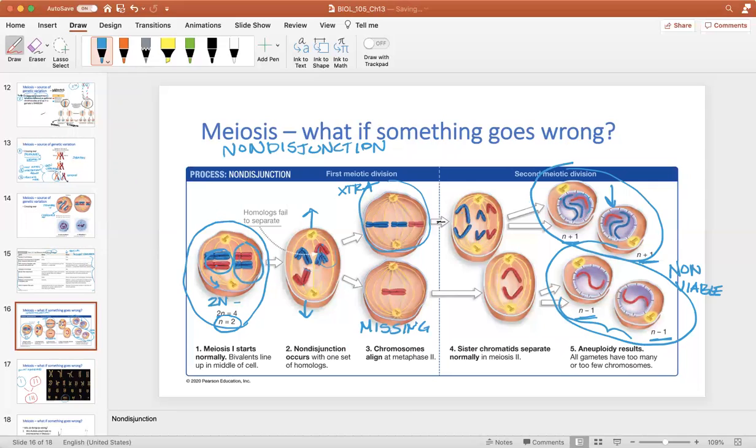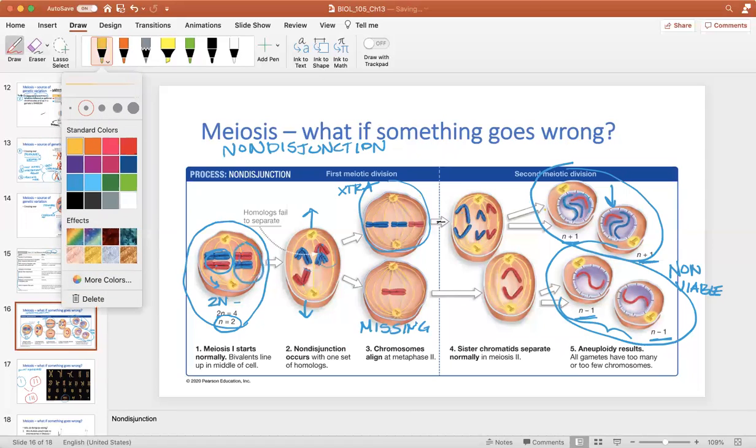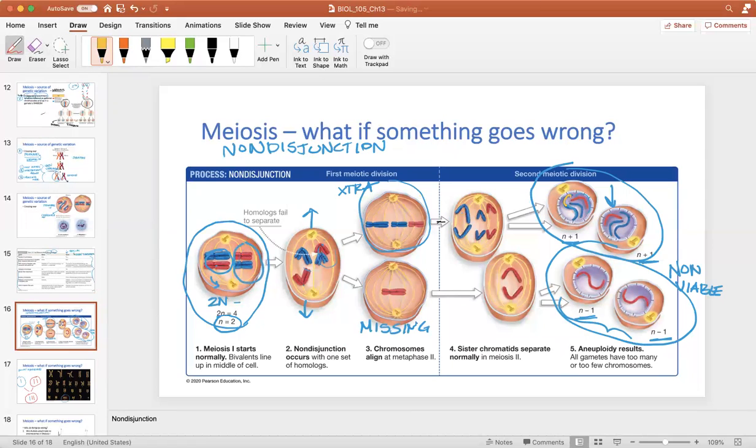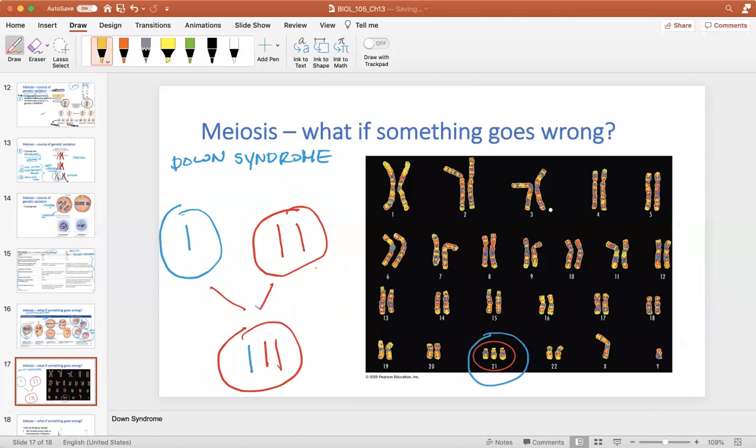So this cell has 1 copy of this chromosome. Let me change colors so you can see that a little better. This egg cell has 1 copy of this long chromosome, and it's got 2 copies of this short chromosome. So what if these were chromosome 21? Well, you'd end up with this situation here, okay?